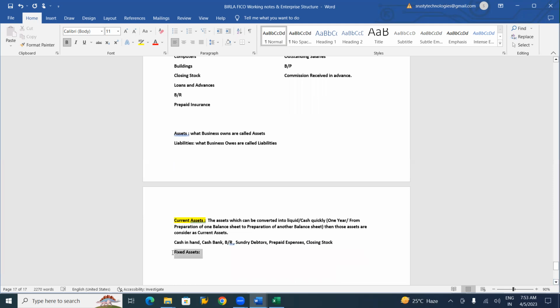Fixed assets. What do you mean by fixed assets? These are nothing but opposite to this.